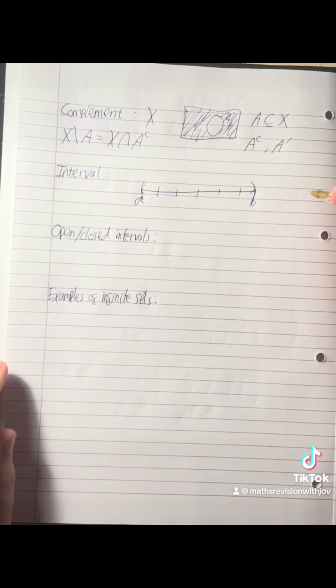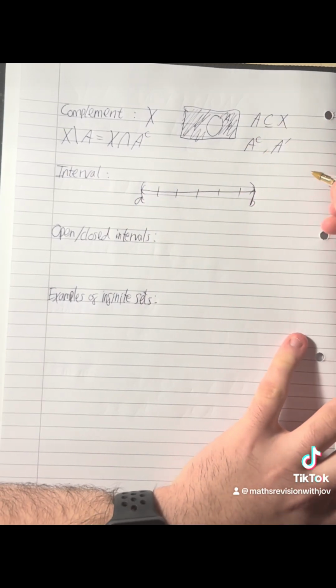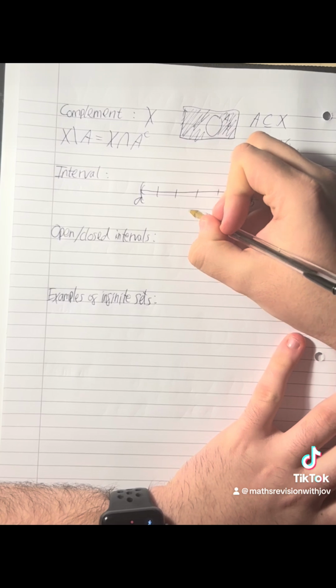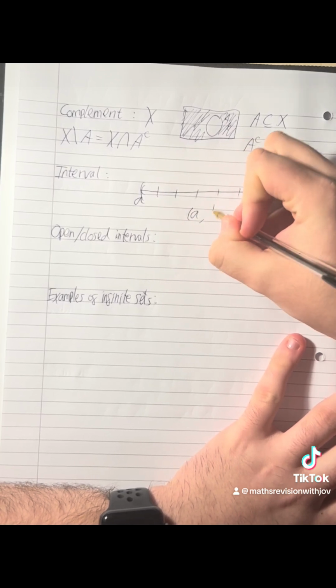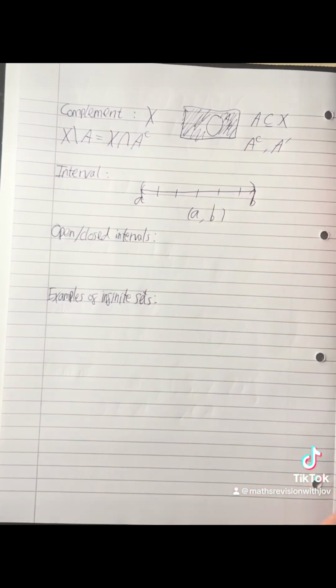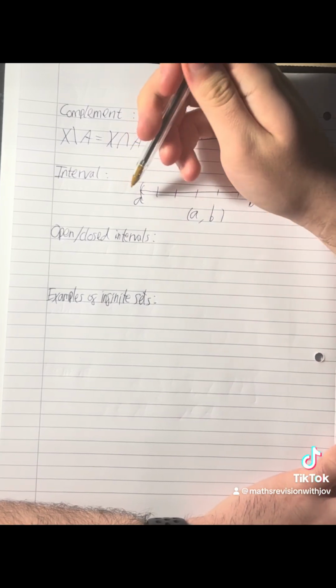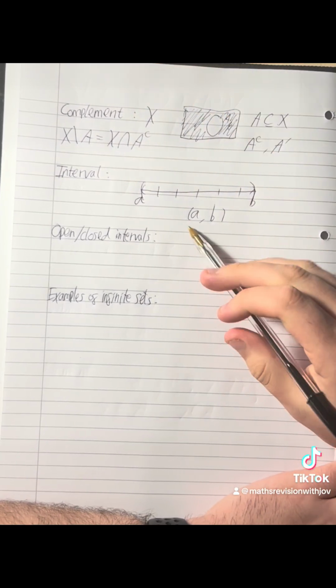So it's the interval on the real number line from A to B, and we write this as (A, B). What this means is every element that's between A and B.